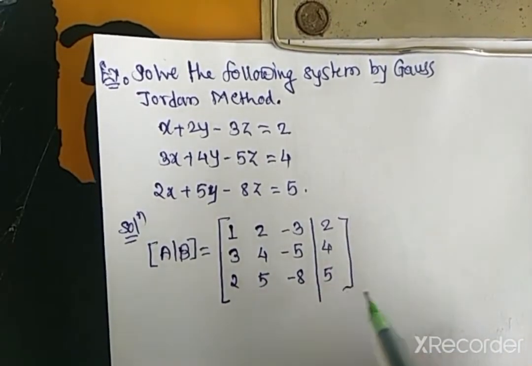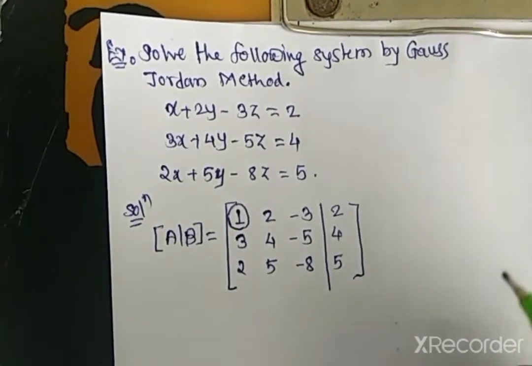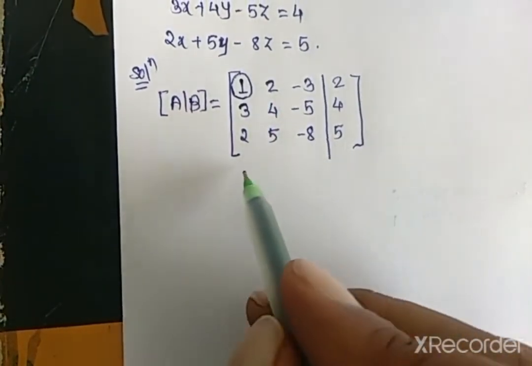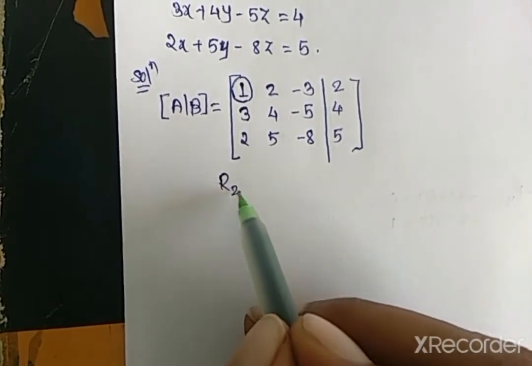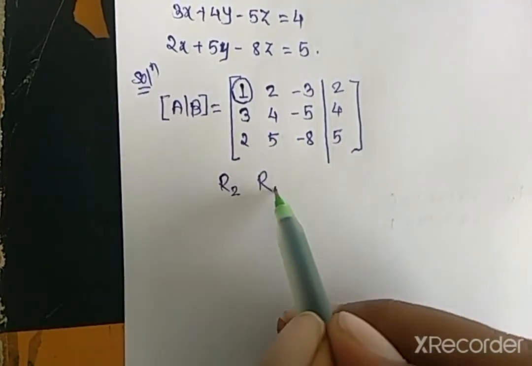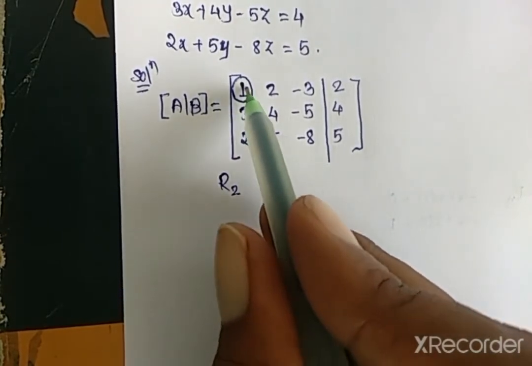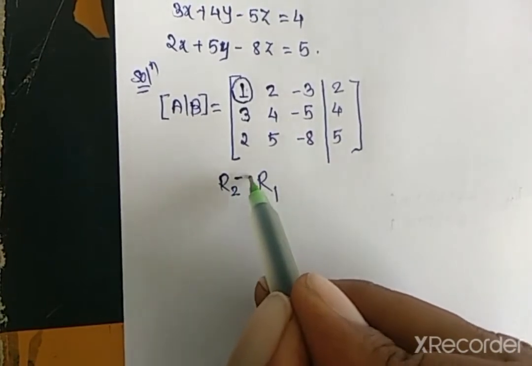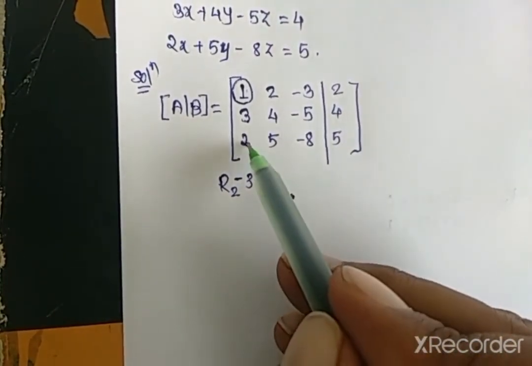Here there is a leading one at the A11 position. Now we have to make 0 below the leading one. The row operation is between R2 and R1, because we have to make A21 as 0. Here it is 3 and here it is 1, both positive, so it will be R2 minus 3R1.